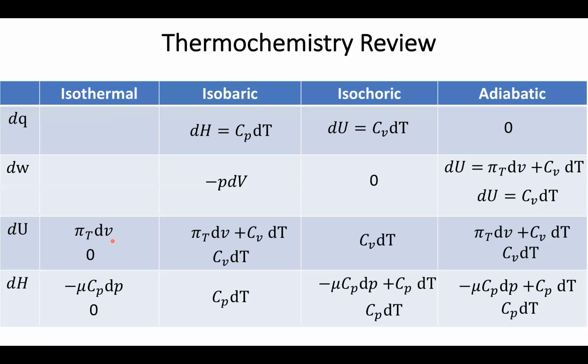Now, this also brings us to an interesting case for work. So in work, what we end up having is unfortunately our general expression of our negative external pressure times the change in volume.